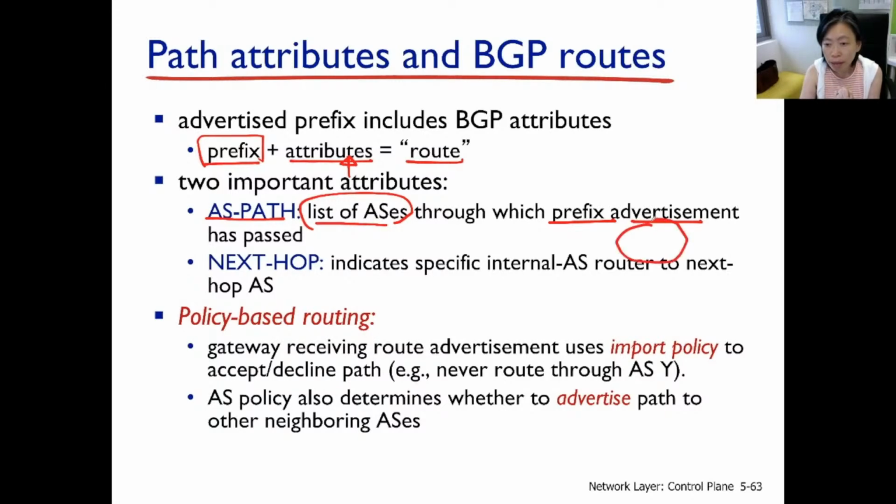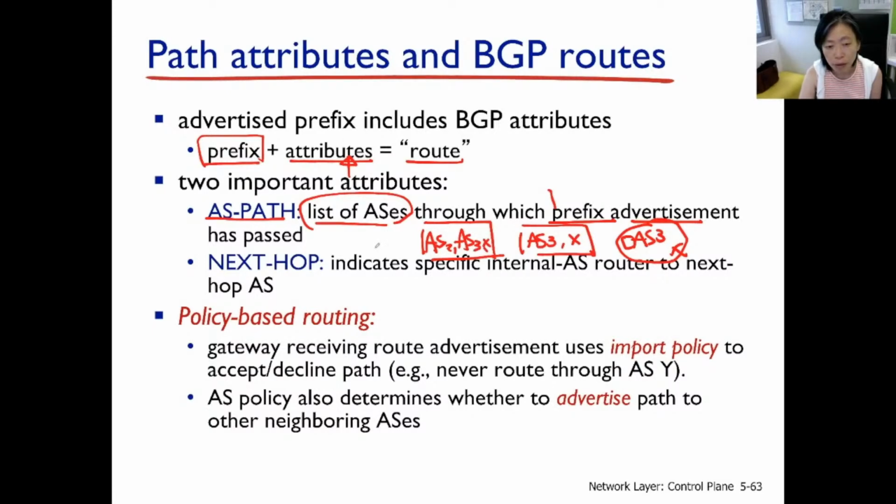So the home AS of the network X, let's say AS3, receiving such an advertisement at the gateway router, that gateway router is going to prepend itself, prepend the AS number 3, before X, and send this out as the prefix advertisement to the neighboring AS. The neighboring AS, let's say AS2 there, receiving such an advertisement is going to prepend itself before it sends out further to AS2's neighboring AS.